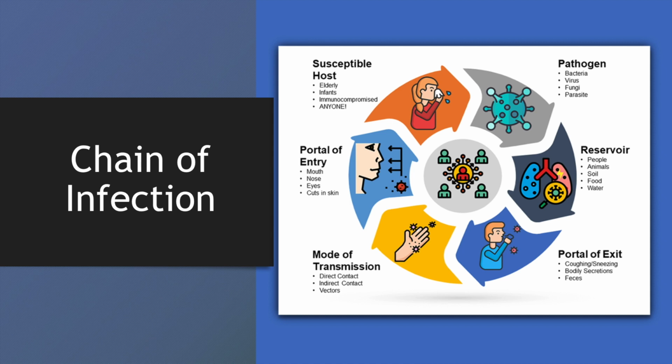Port of exit can be from coughing, sneezing, bodily secretions, and feces. Mode of transmission: direct contact, can be from person to person. Indirect contact can occur through a mosquito or contaminated water or food. Vector, meaning mosquitoes, fleas, and ticks. And port of entry from the mouth, nose, eyes, and cuts in the skin.